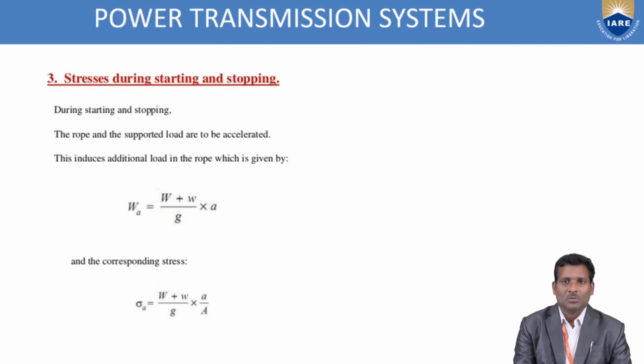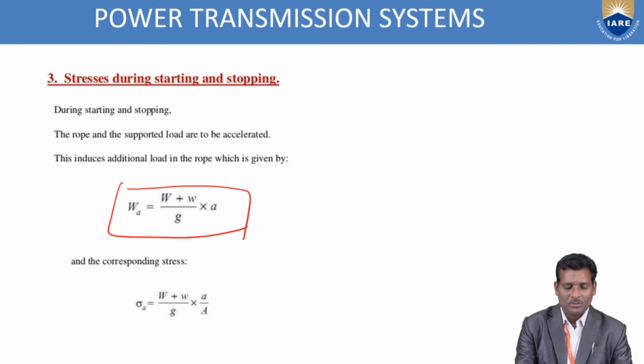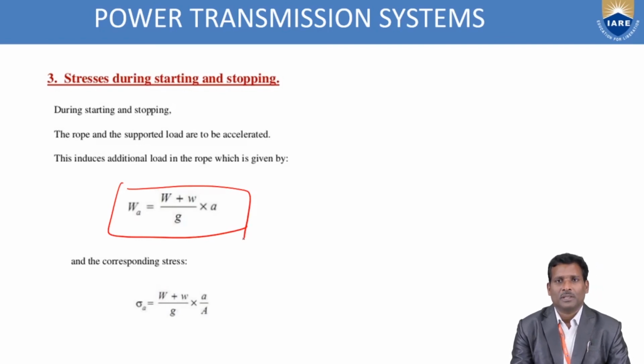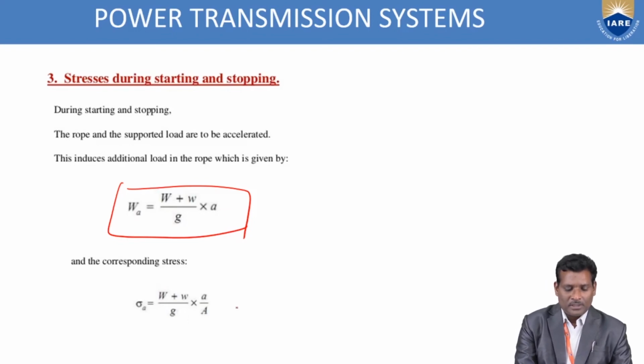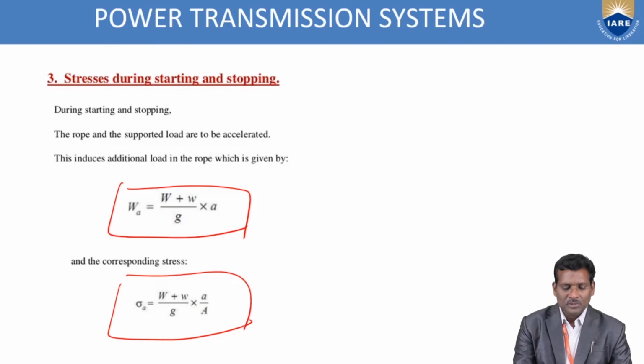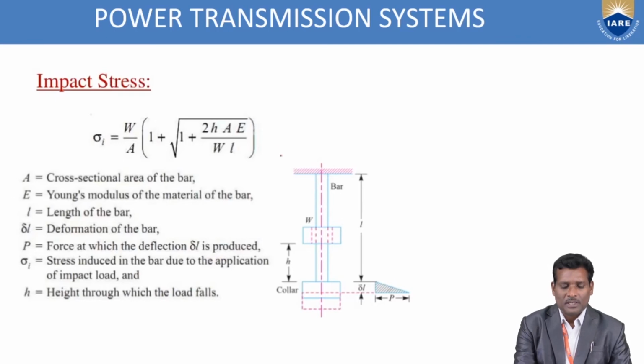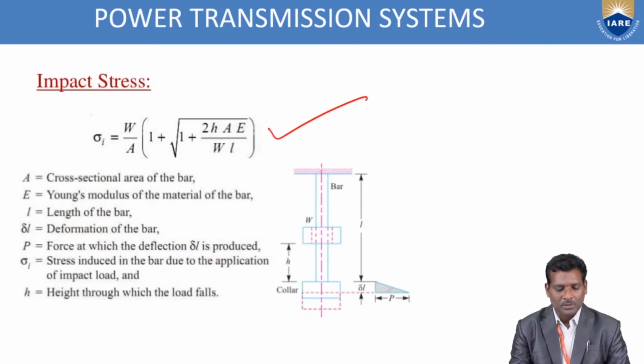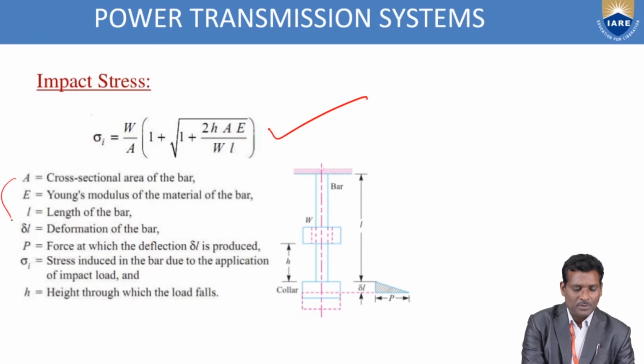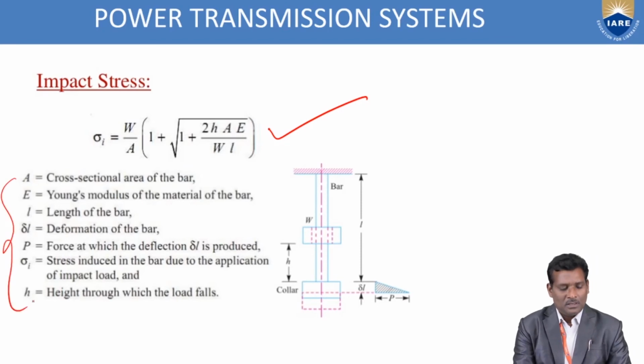The load induced is WA equals (W + w)/g multiplied by the acceleration. The corresponding stress is load per area. Next, impact stress is calculated using this formula, and all abbreviations are shown here.